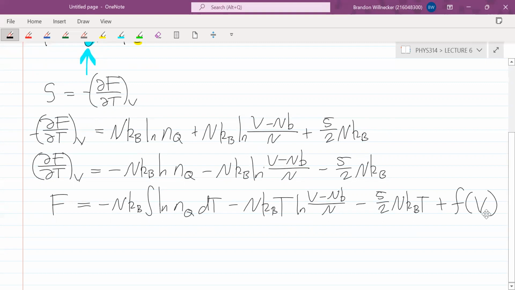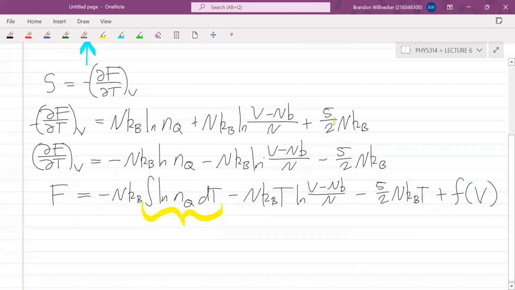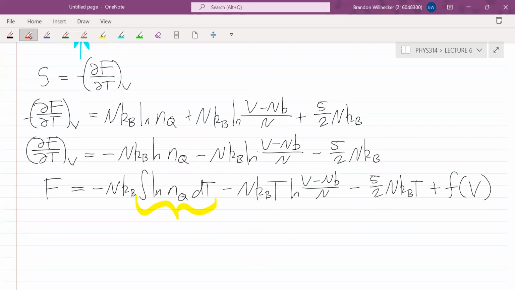Okay, so most of it's done. We just need to worry about this bit over here, and that's integrating the natural log of nQ. Okay, so remember what nQ was. nQ was given by 2 pi m kB T over h squared, all of that to the 3/2.